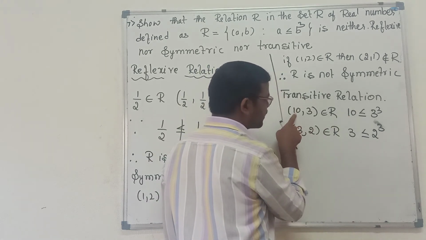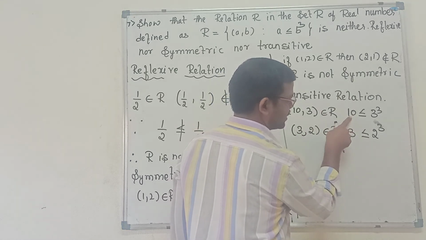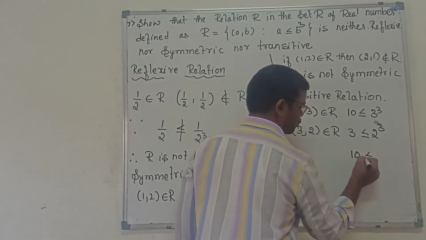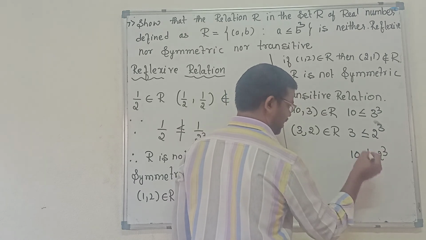To get 10 comma 2 belongs to R, we have to show that 10 is less than 2 cube. 2 cube means 8. Is 10 less than 8? No, it is never possible.